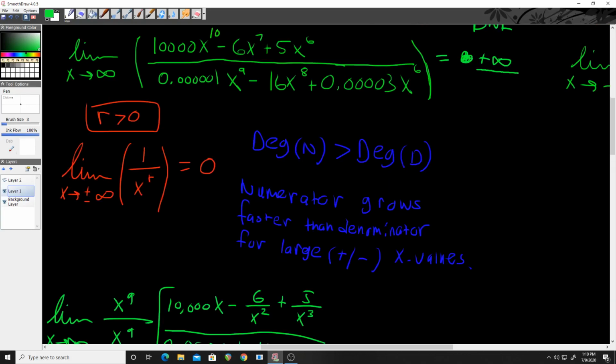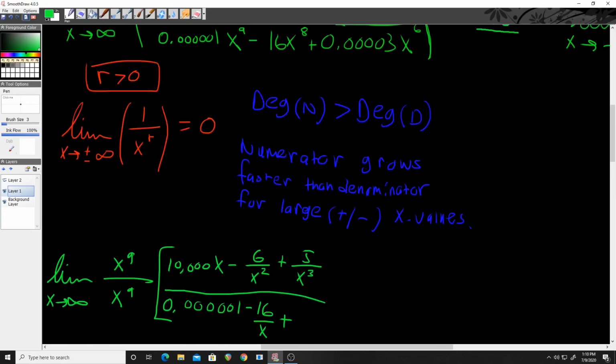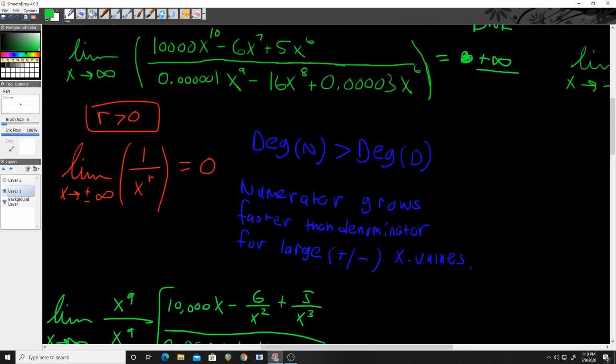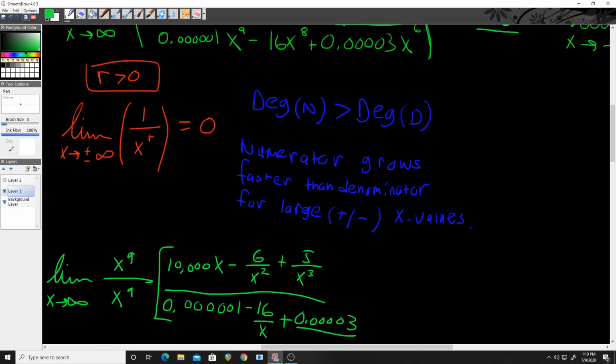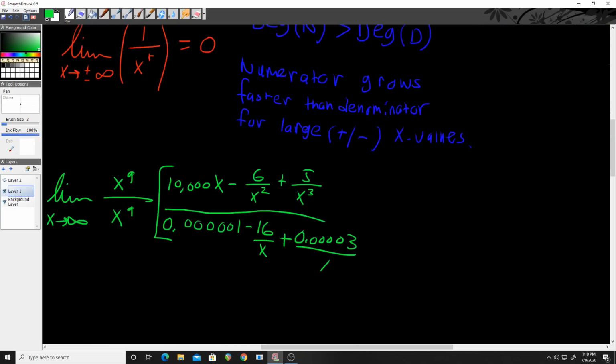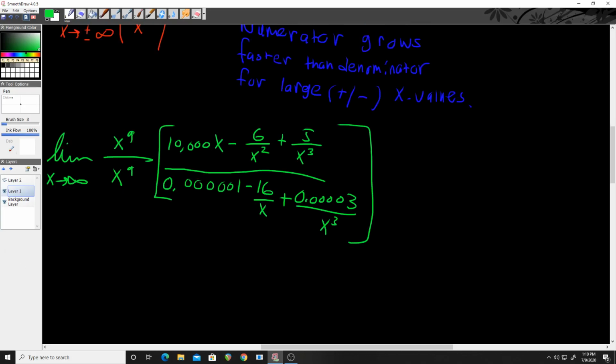And then plus, and then 6 minus 9, negative 3, so 0.00003, over x to the 3. All right, there we go. So there's that. x to the 9 over itself goes away.